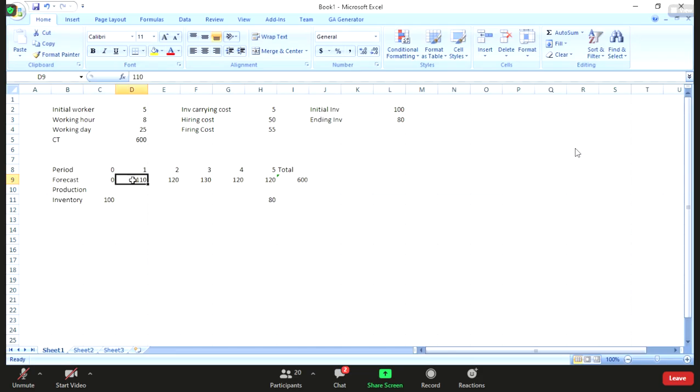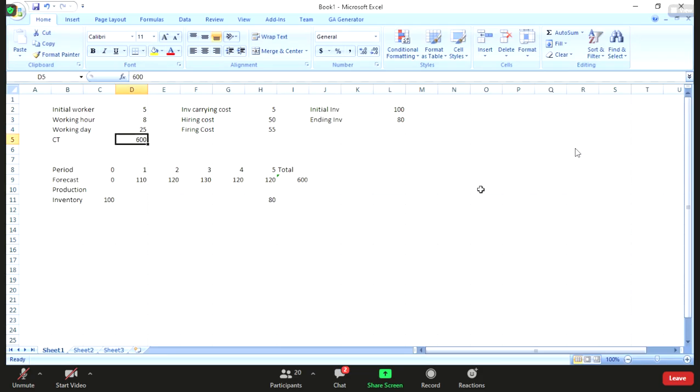Before we can define the production quantity here, we need to know how many units one worker can produce. One worker works for 8 hours per day and 25 days per month. The cycle time, the time to produce one unit, is 600.